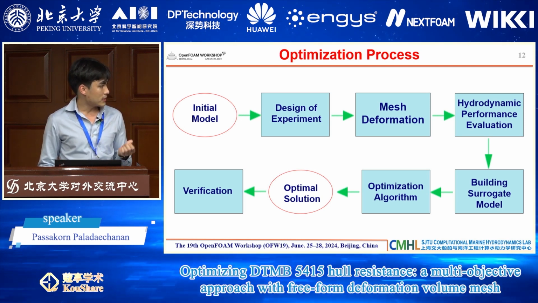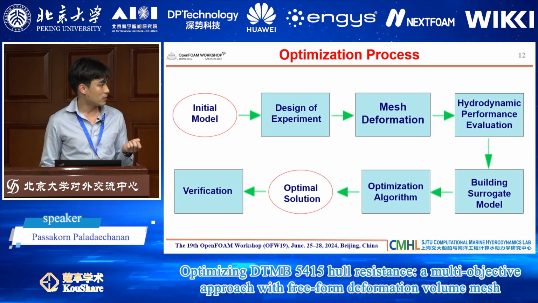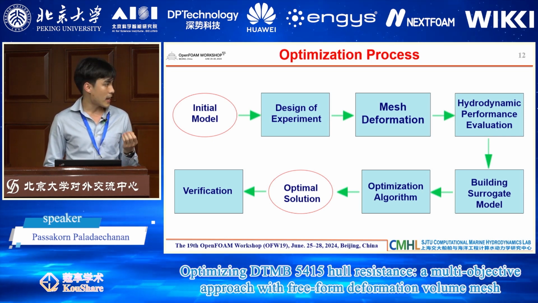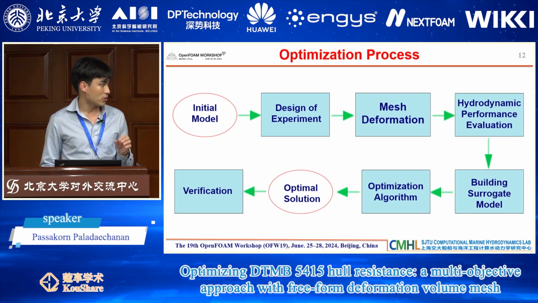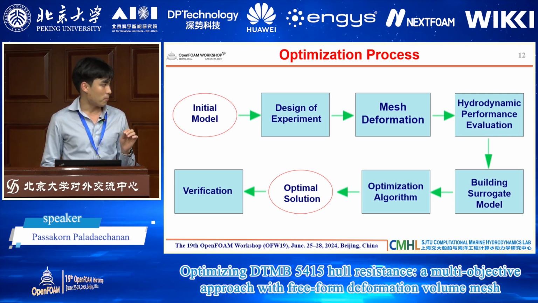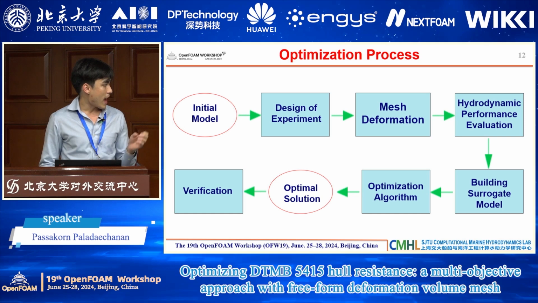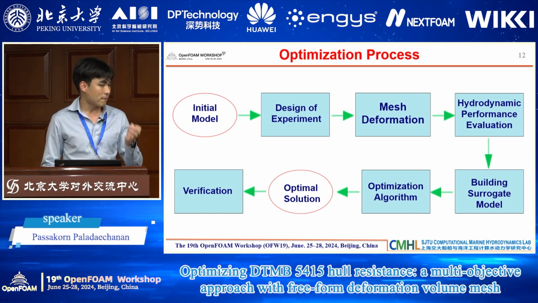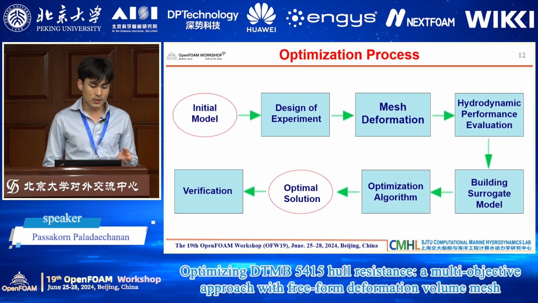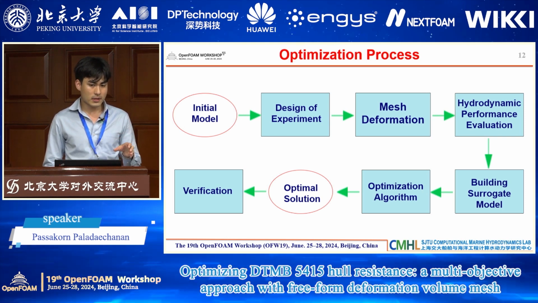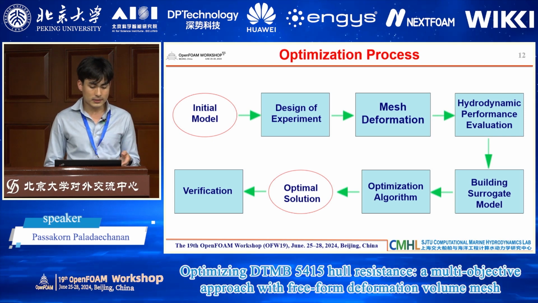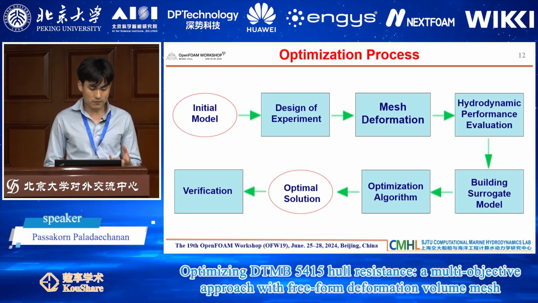In this study, we use stochastic searching, such as NSGA2, in order to search for the global minimum. After we get the optimum solution, we verify it with the high fidelity result, like CFD, in order to validate the result.